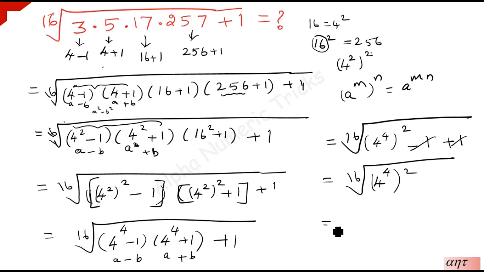So how will you write this term? The 16th root of 4 to the power 4 squared, you can write this as 4 to the power 4 times 2 is 8, isn't it? 4 to the power 8. Now you can use this formula: the square root of a to the power n can be written as a to the power n by 2.